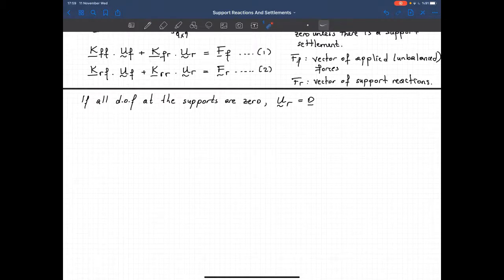So this means that these parts are all equal to 0. So our first equation becomes KFF times UF is equal to FF, right? So this is the classical equation that we have been solving. K times U is equal to F, and this is used for calculating the unknown displacement.